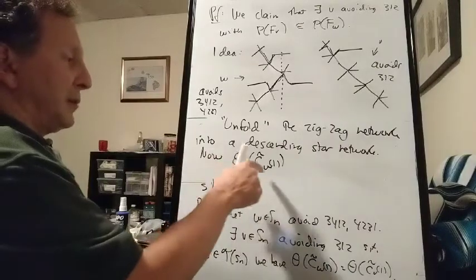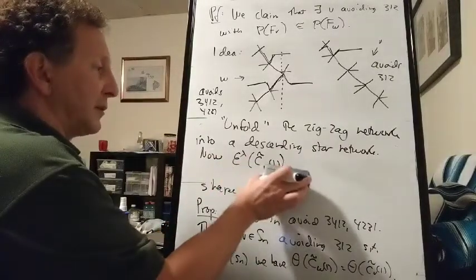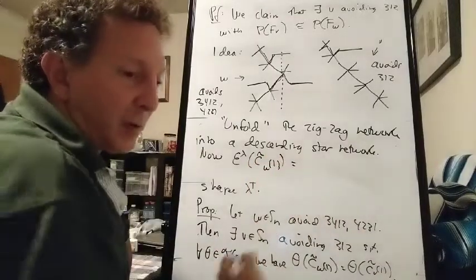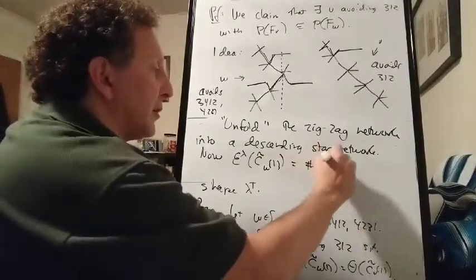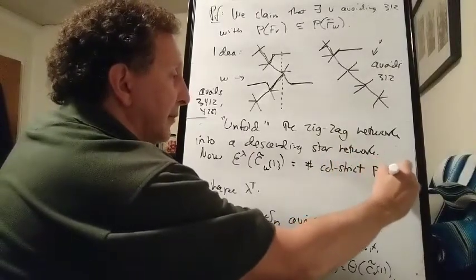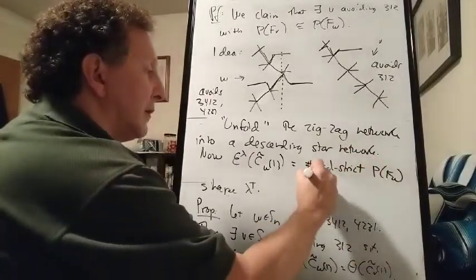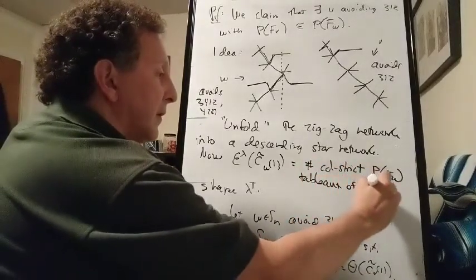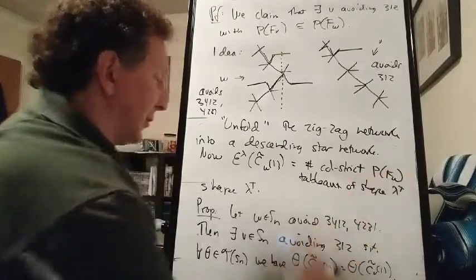So now epsilon lambda of the Kazhdan-Lusztig basis element indexed by W equals the number of column strict P of FW tableau of shape lambda transpose.